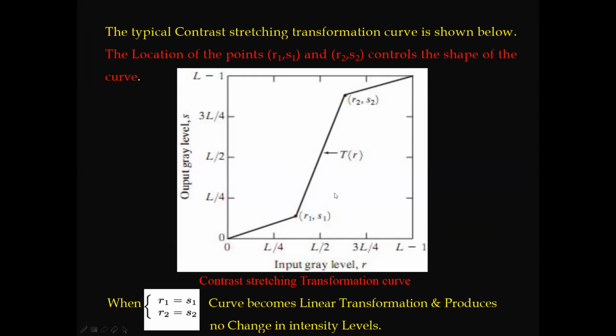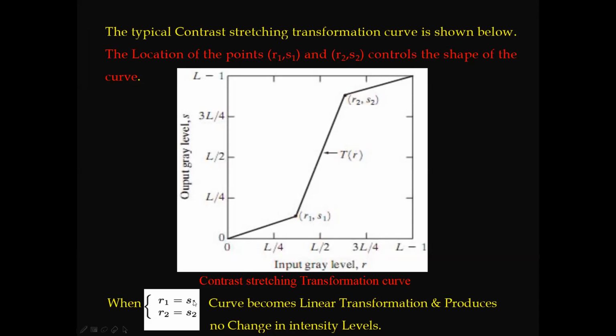In this contrast stretching transformation curve, we have 2 points: (R1, S1) is one point and (R2, S2) is another point. The locations of the points (R1, S1) and (R2, S2) control the shape of this transformation curve.